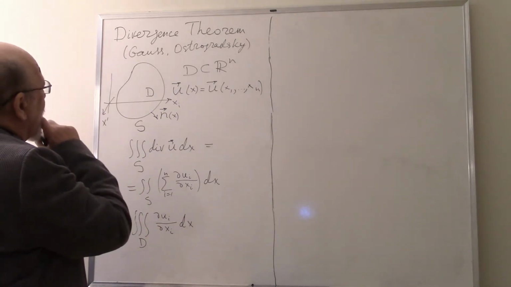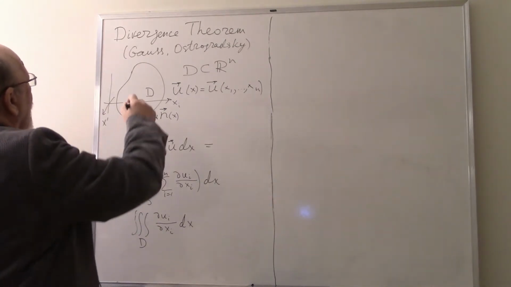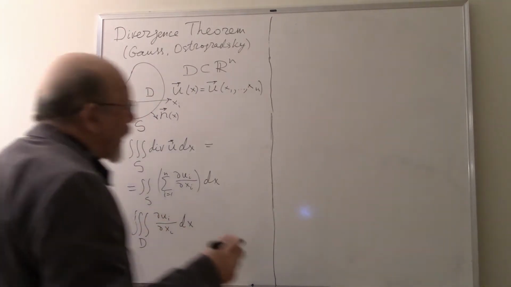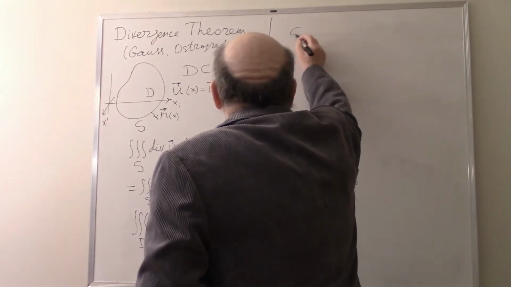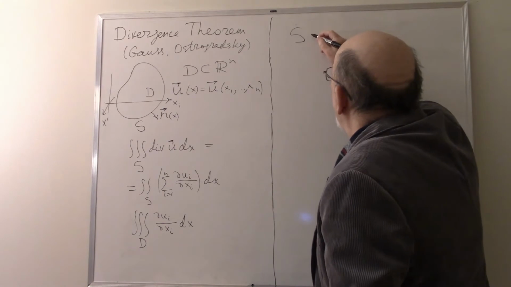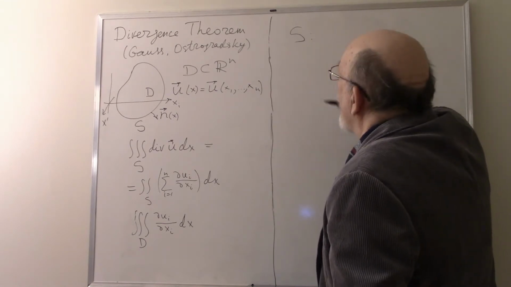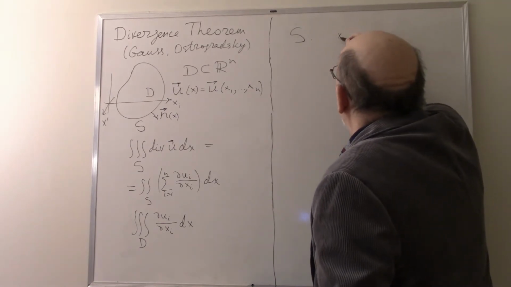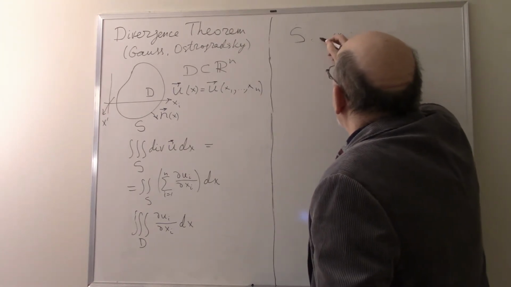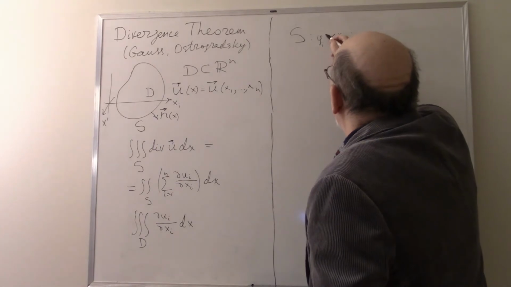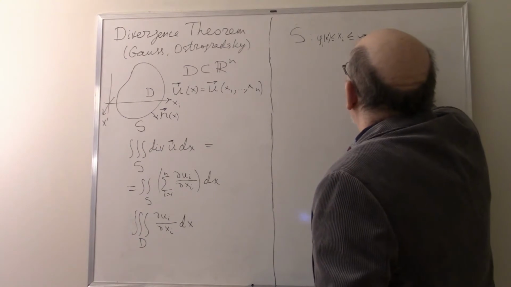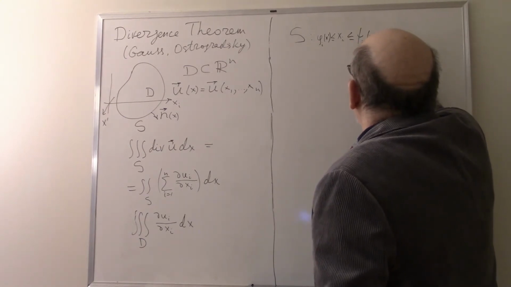Now, suppose for simplicity that our domain is such that S has the following equation: xi is greater or equal to phi i of x prime, and less or equal to psi i of x prime.